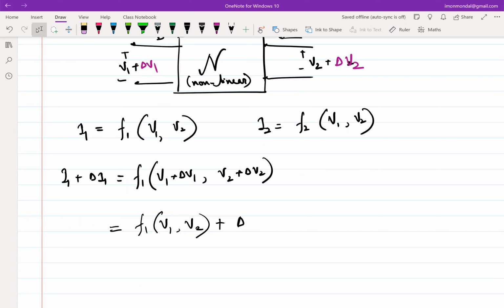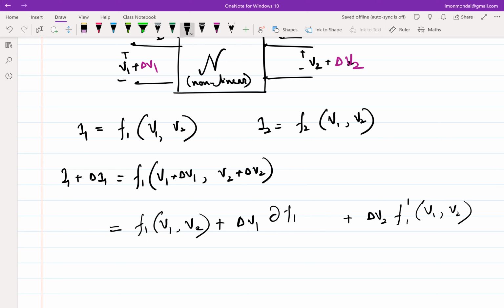Okay, so now if I expand this in a Taylor series, what do I get? I get delta V1 times the differential of F1 around V1, V2, plus delta V2 times the differential of F1 around V1, V2. We know partial derivatives, right?